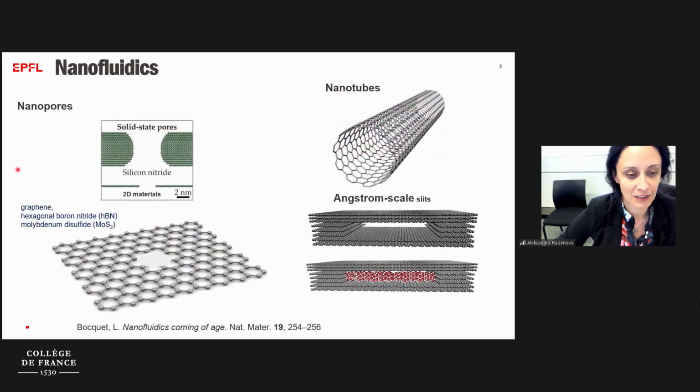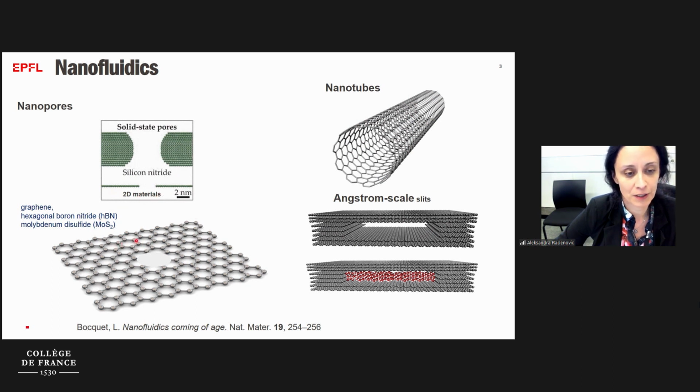Starting with the definition of nanofluidics and where we position ourselves. My group works mostly with solid-state platforms, and these platforms provide different types of geometrical confinement for ions, molecules, and water.